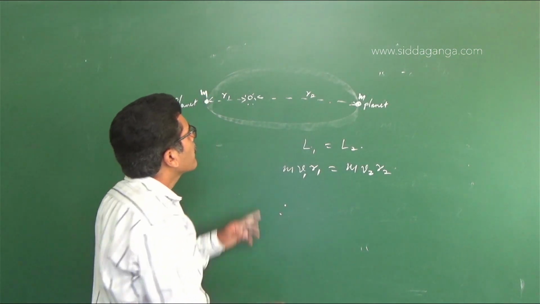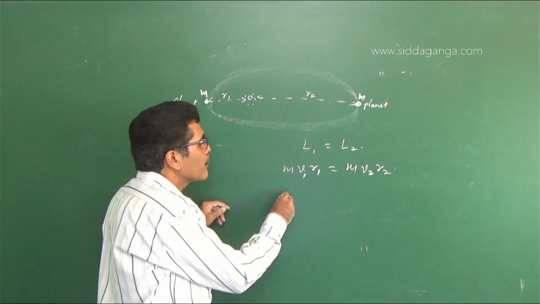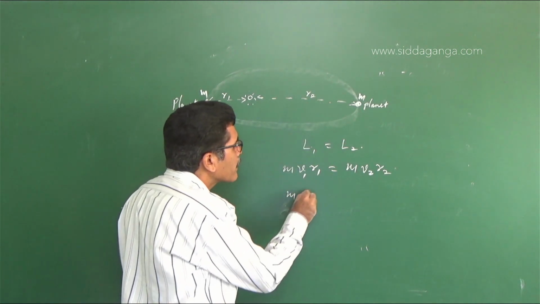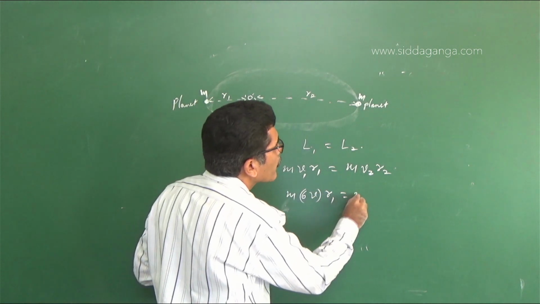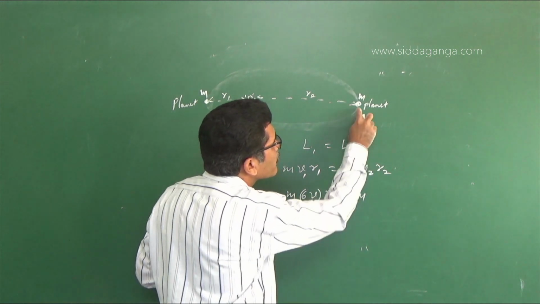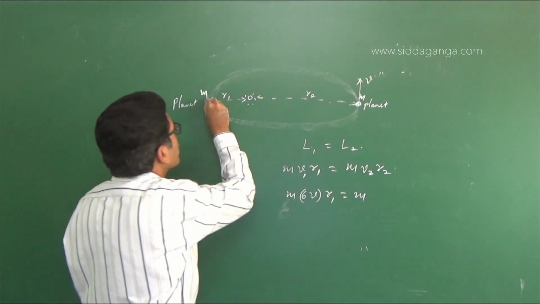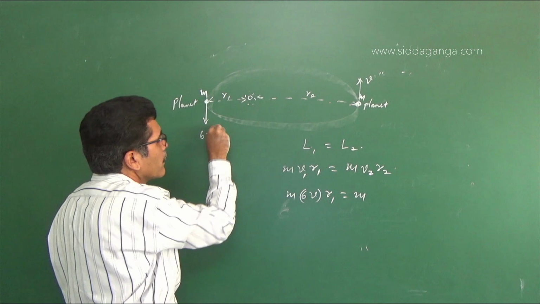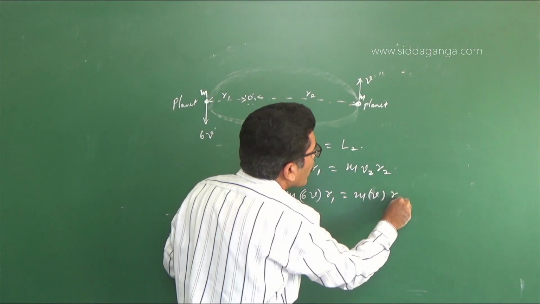See, here speed is more, here speed is less. Therefore I just consider the speed here as 6v. So 6v into r1 is equal to m into v, here speed is v, here speed is 6v, into r2.